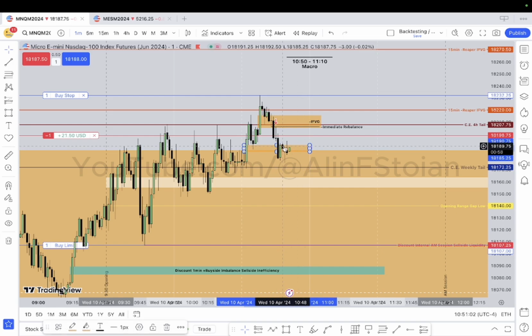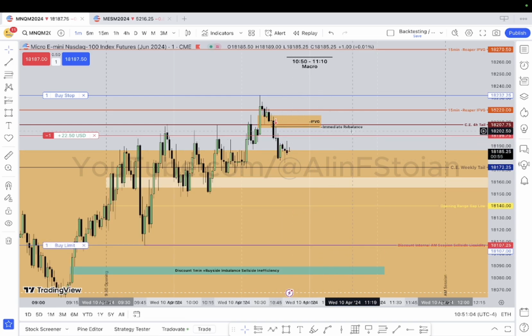How we trade inside of this. Trade into the 50%. See how the market wants to react from this. We're also entering 10:50 to 11:10, the time period in which I would want to see the market expand lower.